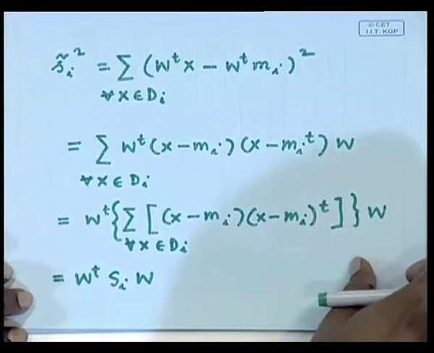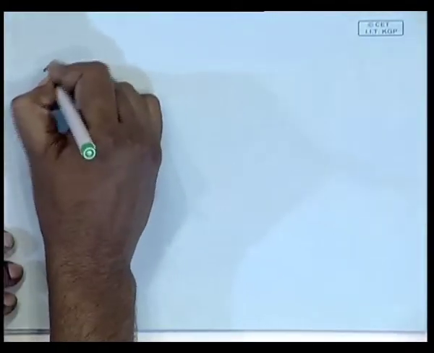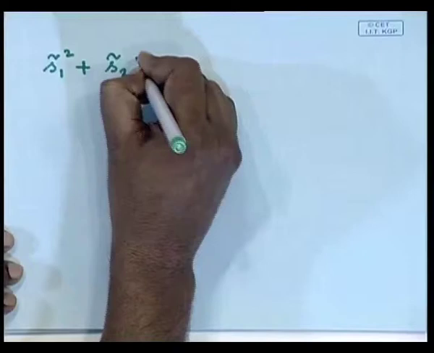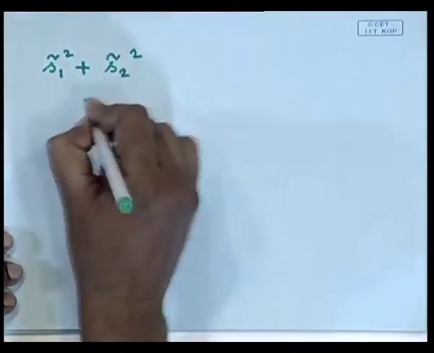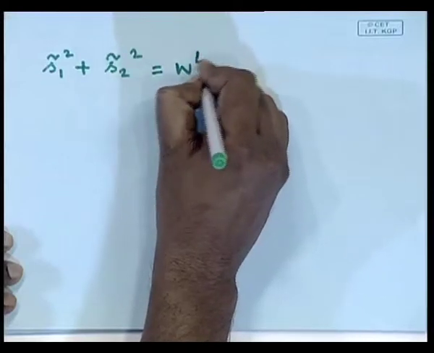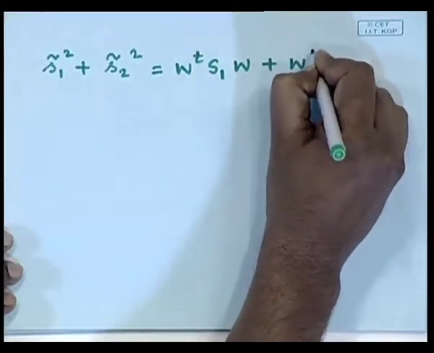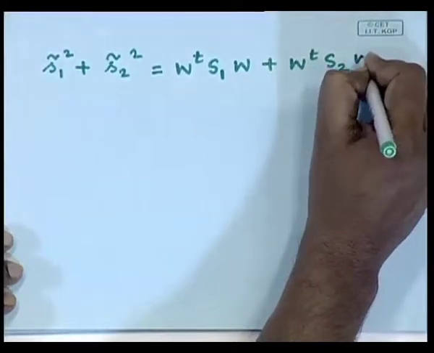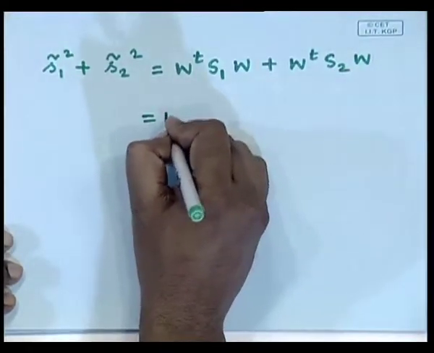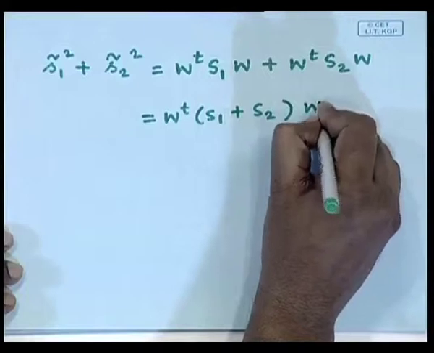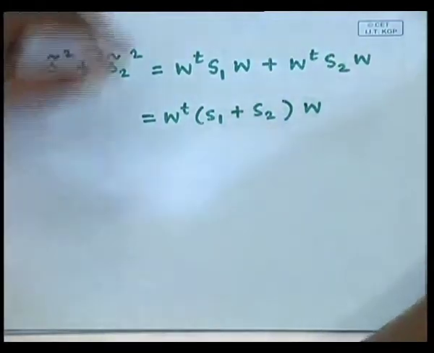Okay. So, when I have this, then the sum of these scatters over two classes, that is S 1 tilde square plus S 2 tilde square, will be simply W transpose S 1 W plus W transpose S 2 W, which is nothing but W transpose (S 1 plus S 2) W. And S 1 plus S 2, as we have already defined, is the total within class scatter.